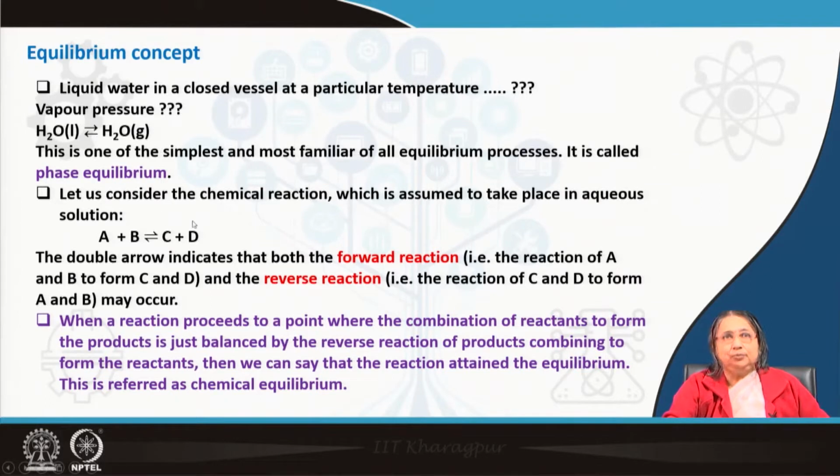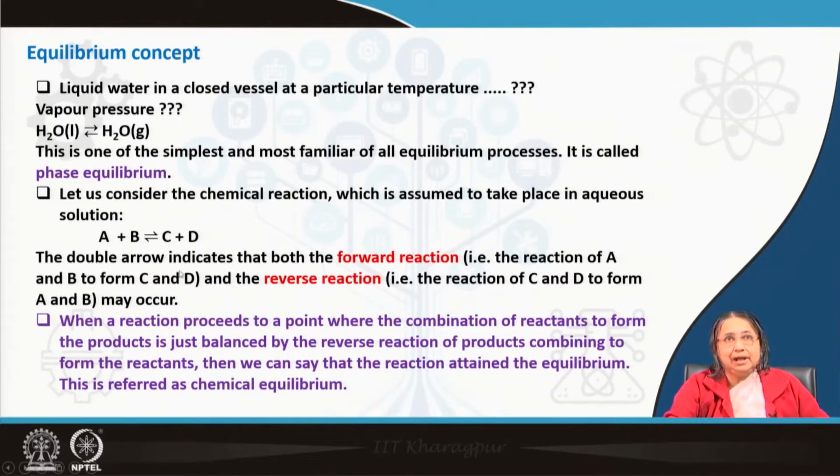For chemical equilibrium, we have to consider a chemical reaction. Say for example, the most simple reaction has been considered here. A plus B, the molar ratio is 1:1, is converted to C and D. Here also the molar ratio is 1:1, and here you can see the double arrow is there.